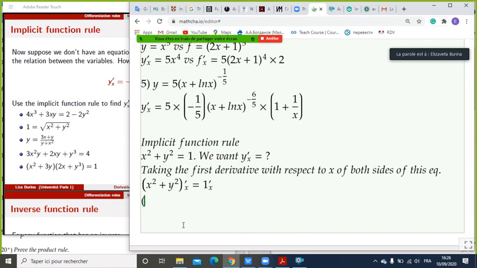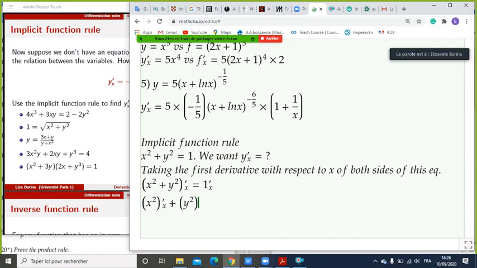We're going to have the derivative of x squared with respect to x, and then the derivative of y squared with respect to x. It was the derivative of a sum, and we know that we can split it into a sum of two derivatives.